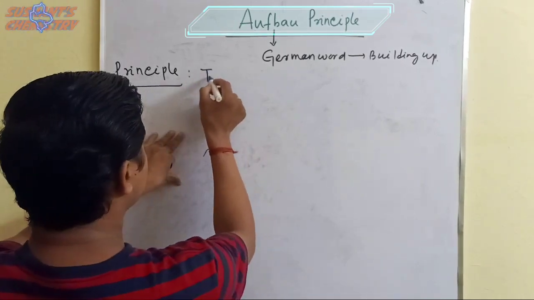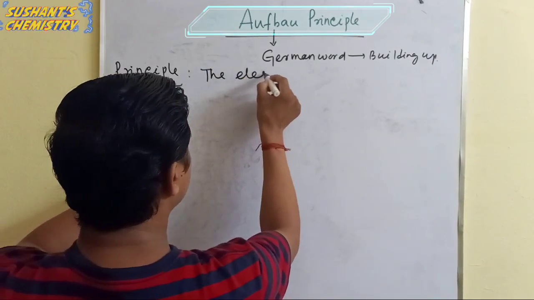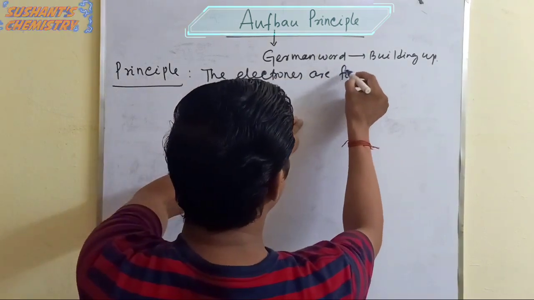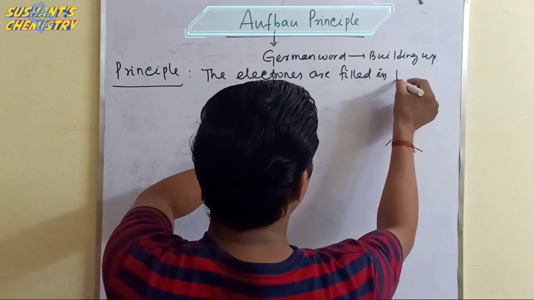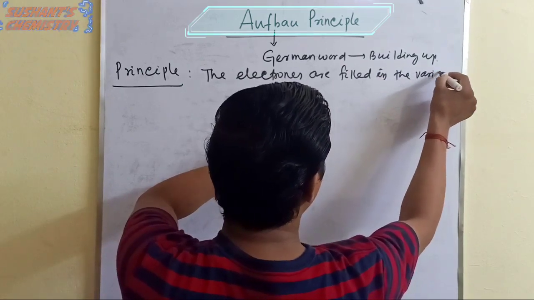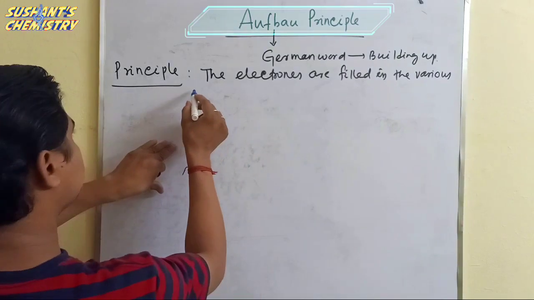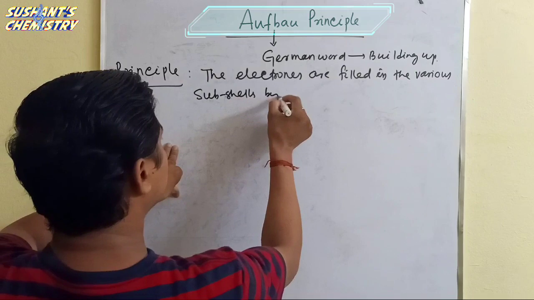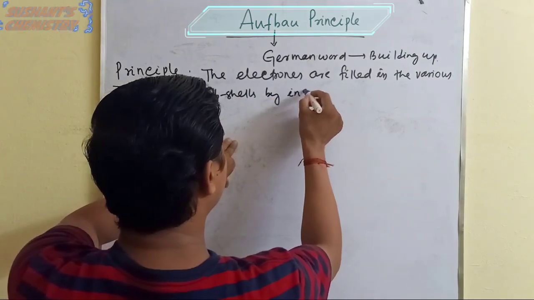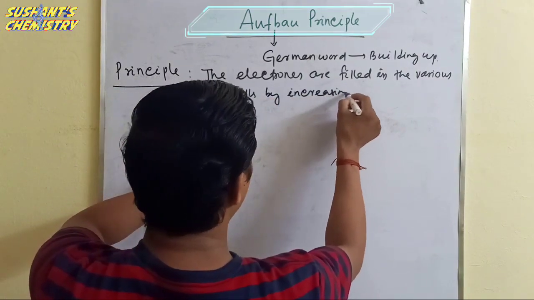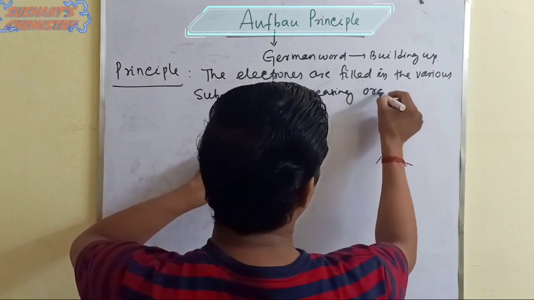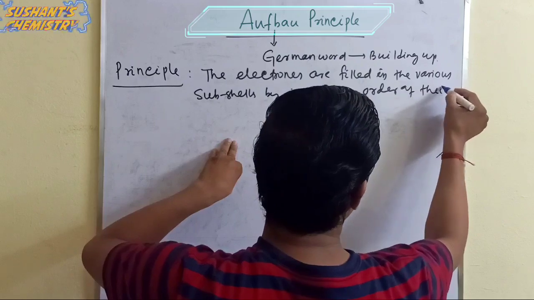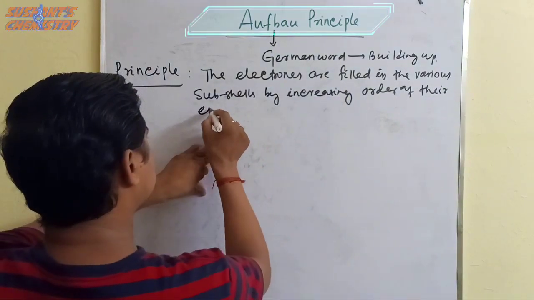The principle says that electrons are filled in the various subshells by increasing order of their energies.